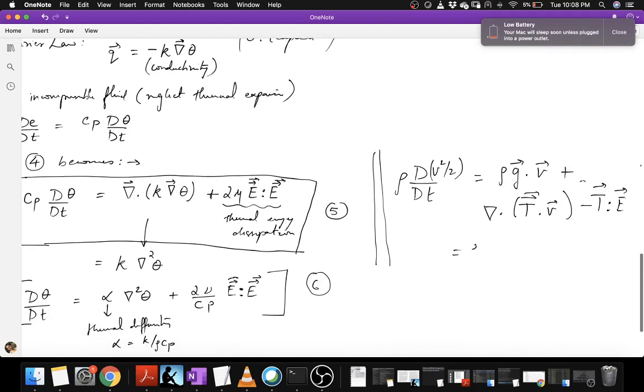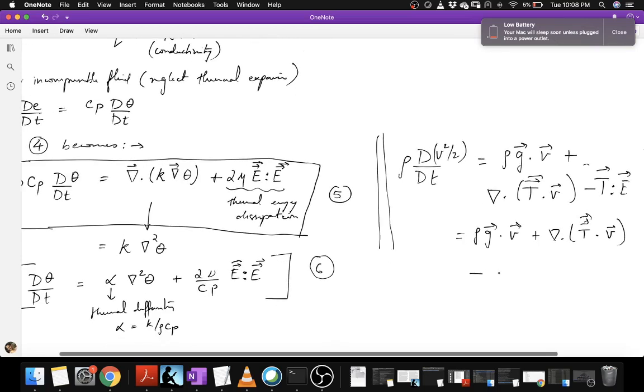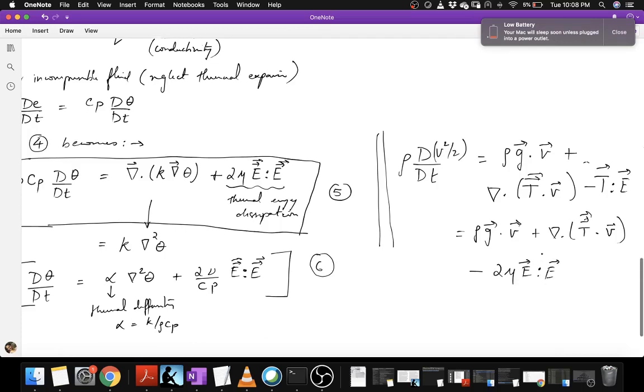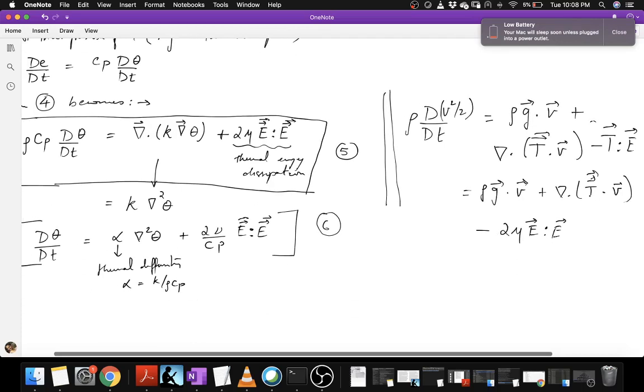which in turn is simply rho g dot V plus the divergence of T dot V, where one can then use Newton's equation here, and then this term, as we've already seen, is 2 mu E double dotted with E. So one can use Newton's constitutive law here to get a larger term, but my point is to focus now on this term.